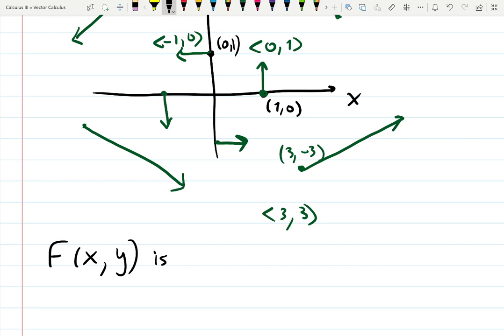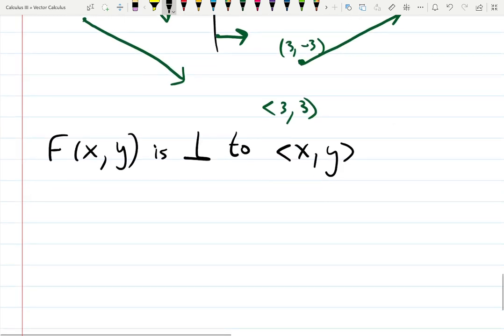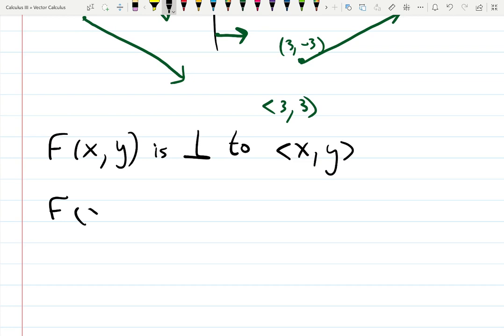So warning number 1 is perpendicular to x and y. Very interesting that the field itself is perpendicular to every vector over here, because if you have a vector x comma y multiplied by the vector field, you can plug in.